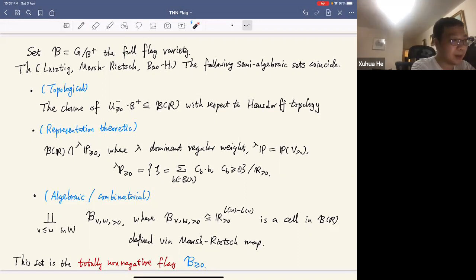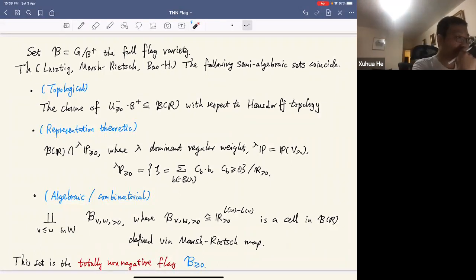Because we know that for an arbitrary Kac-Moody group, the two Borels B plus and B minus do not conjugate. So here we want to be specific that we just use B plus. So we take G quotient by B plus, and this is our full flag variety.